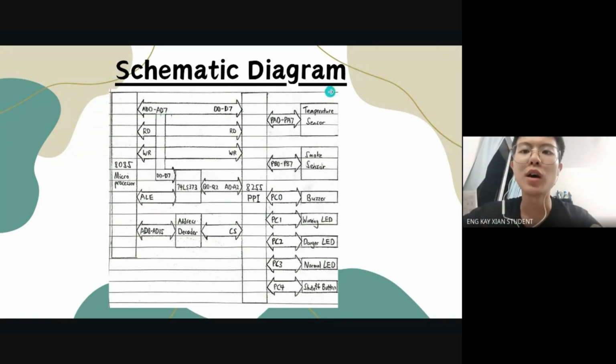We use some critical components, which I will explain: the 8085 microprocessor, the 8255 programmable peripheral interface, which is PPI, the 74LS373 address latch, the temperature sensor, smoke sensor, LED indicators, which are three lights, buzzer, the shut off button, and the address decoder. I'm going to explain these components. Next slide.